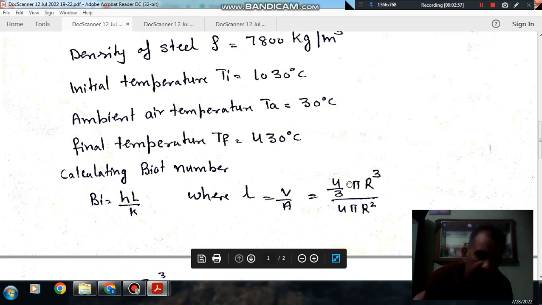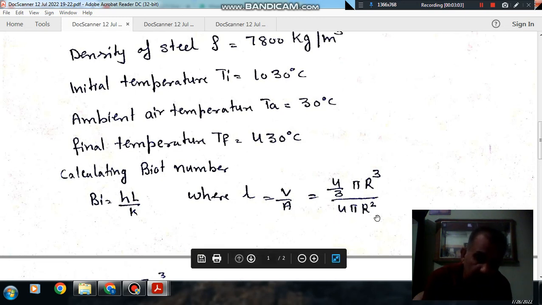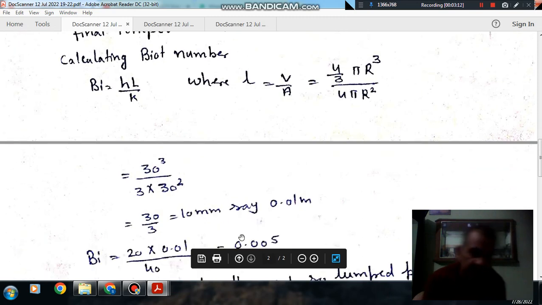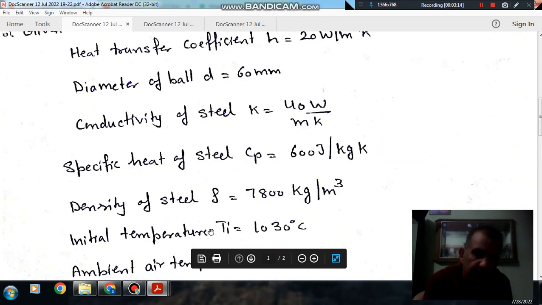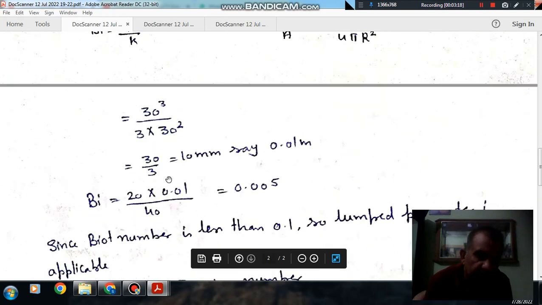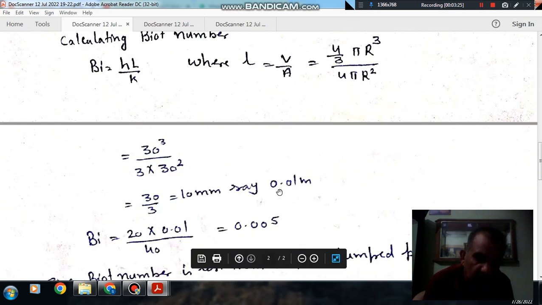The ball is a sphere, so the volume of the ball is 4 by 3 pi r cube, and the surface area is 4 pi r square. So the 4 cancels out, and it will be r by 3. The diameter is 60 mm, so r is 30, and L is 10 mm, or in meters 0.01 meter.